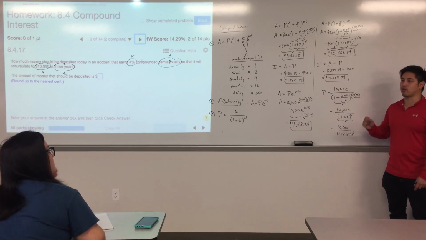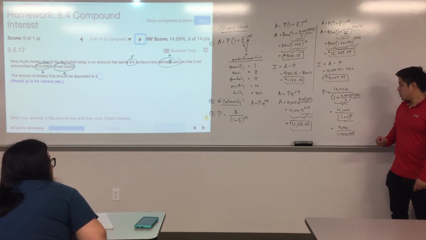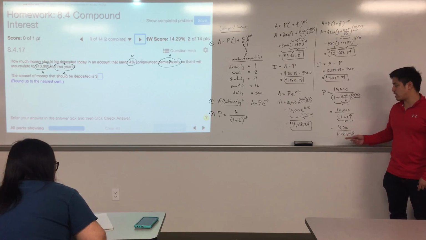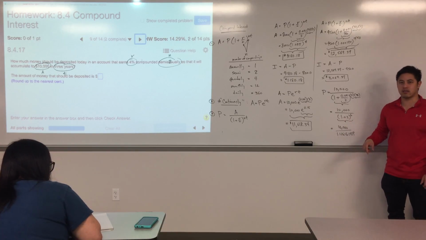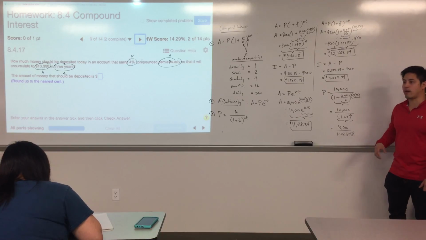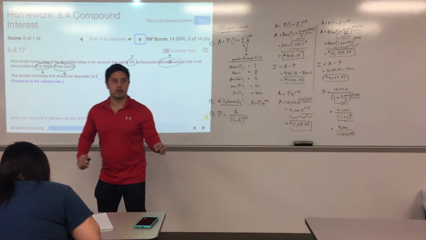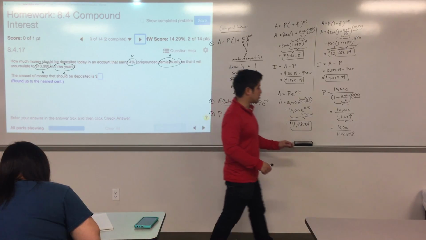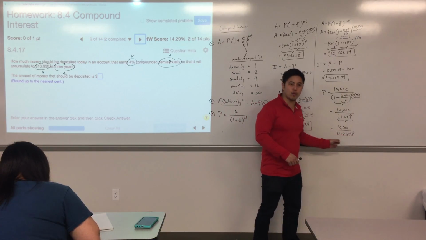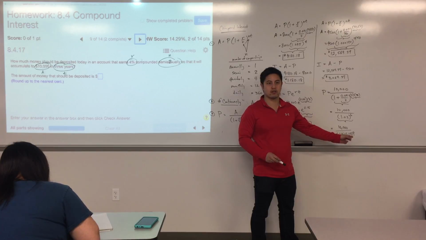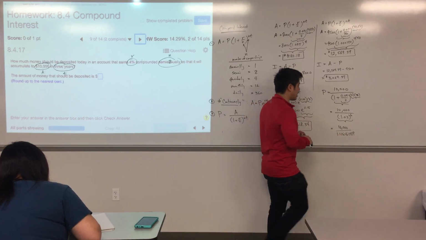That's why I had to save it, because we have to type it back in. Does that make sense, guys? So now I'm going to clear the calculator, put 10,000 divided by that number, with as many decimal places as possible. That's going to give me my answer. And what is the answer?